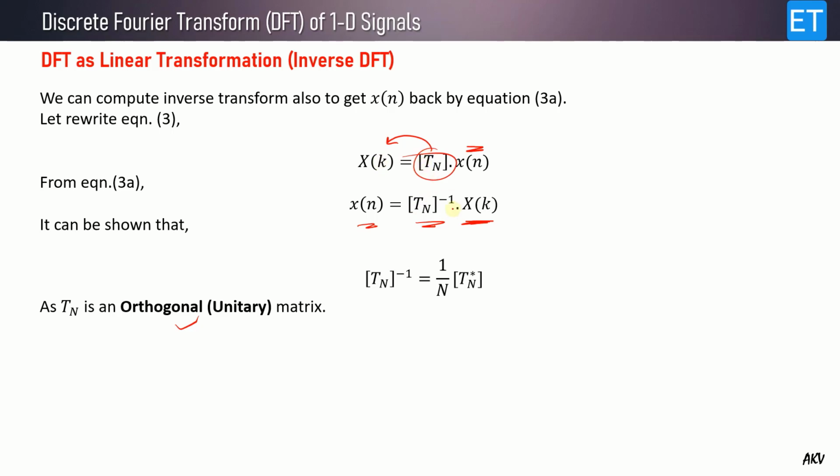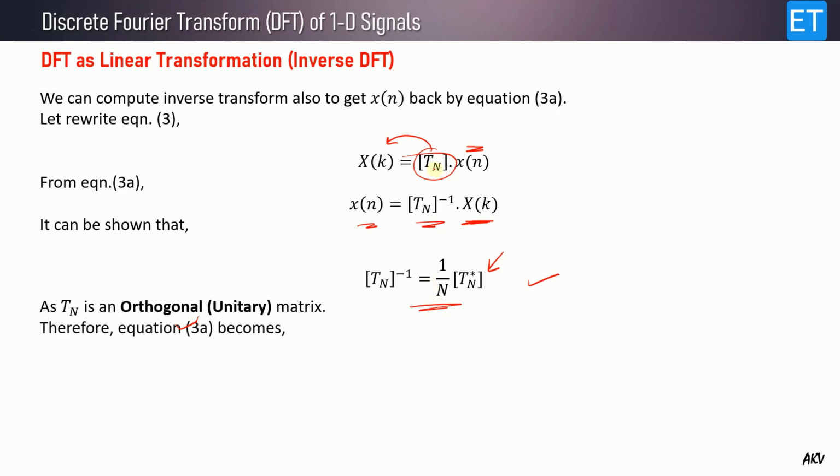So its inverse is very easy, and you don't need any complicated computation. Just find the complex conjugate of all the elements of the matrix and divide by n. For a unitary orthogonal matrix you can find the inverse like this. Finding the complex conjugate is very simple, and then dividing all the values by n.